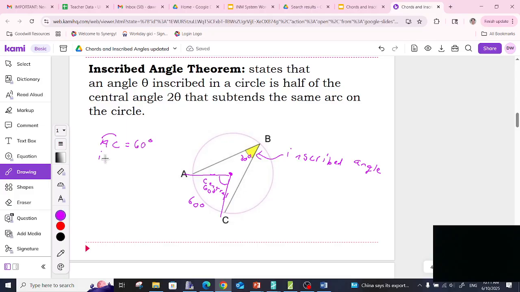I just said if it was 30, right? 30 degrees. Inscribed angle is equal to 30 degrees. There. Okay.